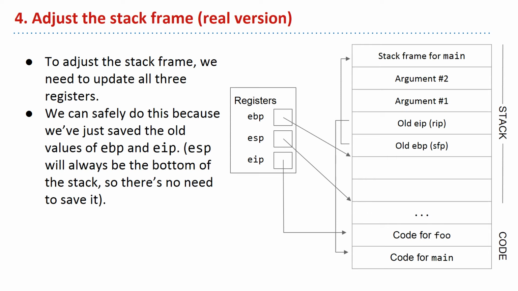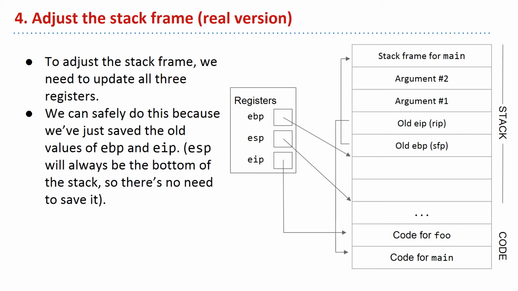And when you're done, ESP will sort of naturally move back up to where it used to be just by virtue of you deleting all the things that you just pushed on the stack. So you do not need to remember the old value of ESP on the stack because ESP will naturally move with you down and move with you back up as soon as you're finished. But you did need to remember the old values of EBP and EIP because these two registers have changed.